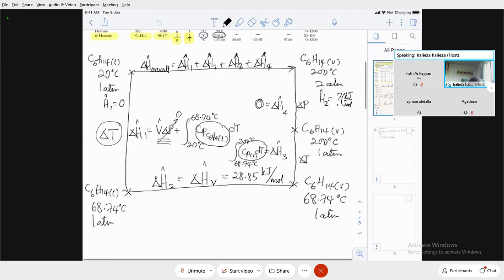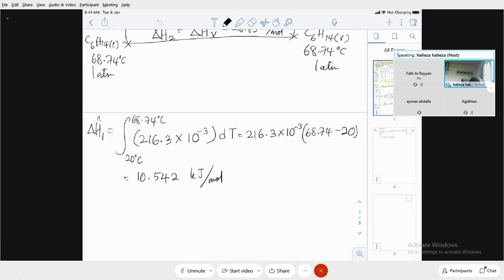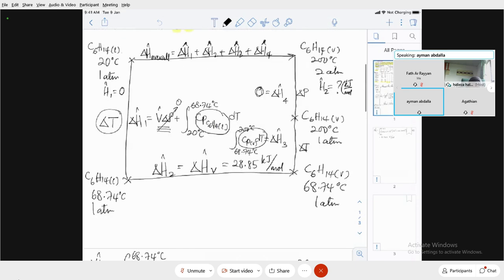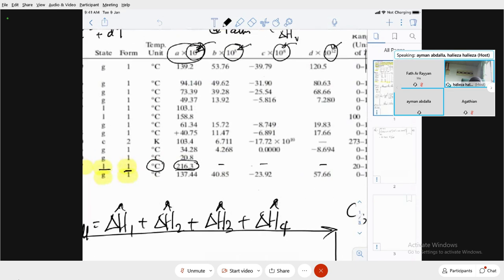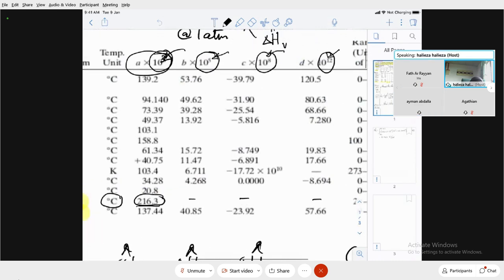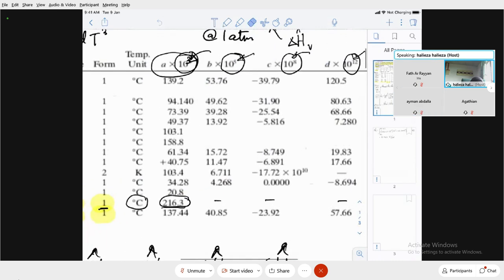Doctor, why did we type it as times 10 to the negative 3, not times 10 to the 3? Okay, let's go back again to this. I need to erase this so that you can see what's going on. This whole thing, A times 10 to the power of 3, is equal to 216.3.